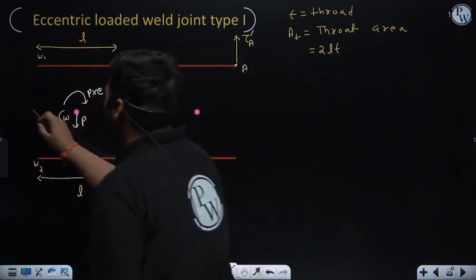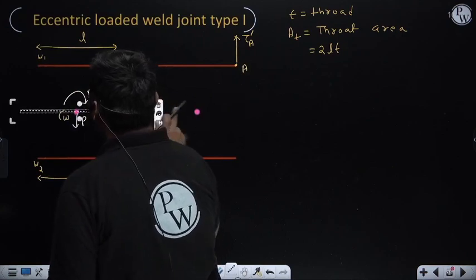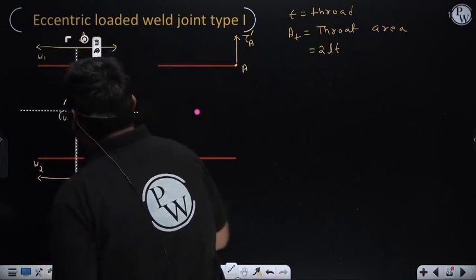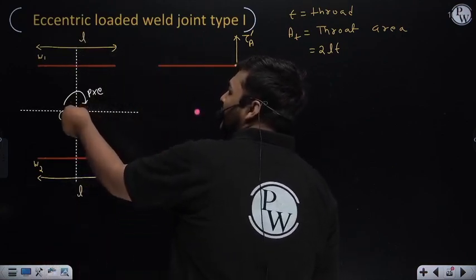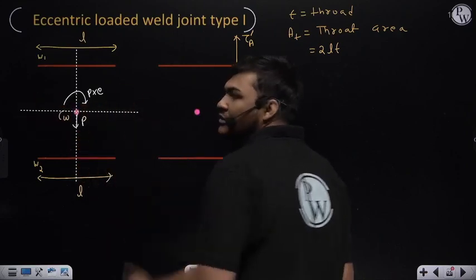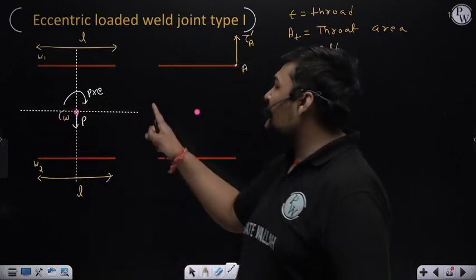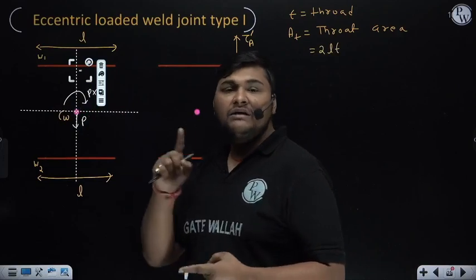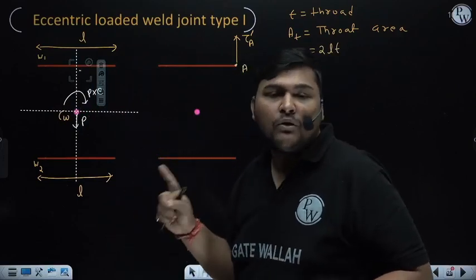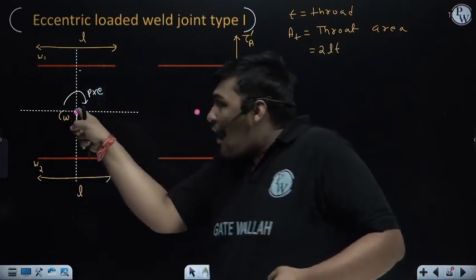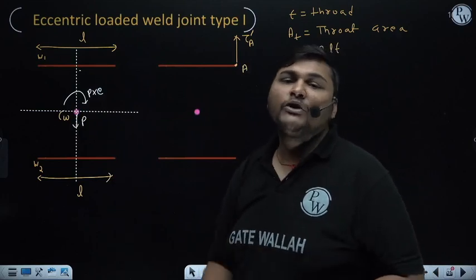If you want to draw, you can draw. And the axis which is perpendicular to the plane of weld, it is z axis. If moment is coming about x axis and y axis, then that moment will be bending moment for this weld. If moment is coming about z axis, that moment will be torsion moment for the weld.